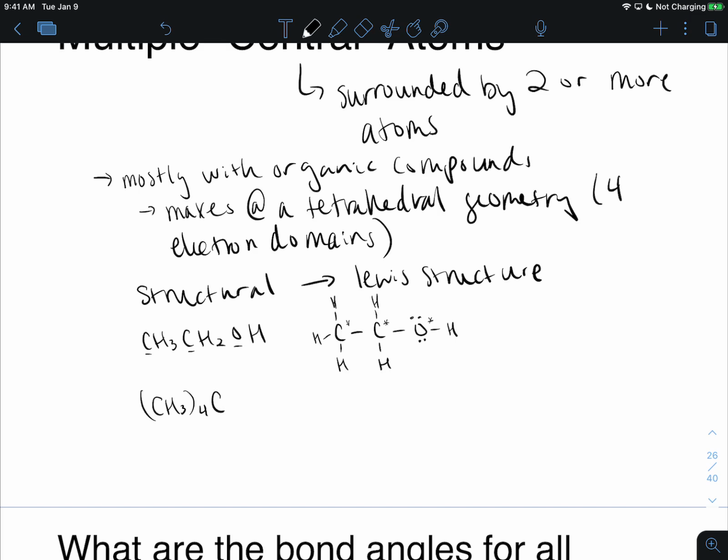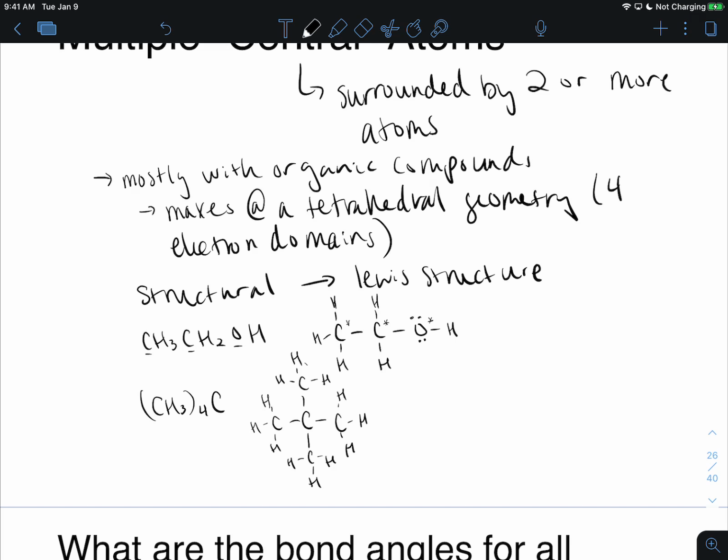So it's basically saying that all 4 of those CH3 units are around a central carbon. We have our central carbon and our 4 CH3 units, like so. In this case, every one of our carbons is a central atom, and every one of them has a molecular geometry and electron domain geometry that is tetrahedral.